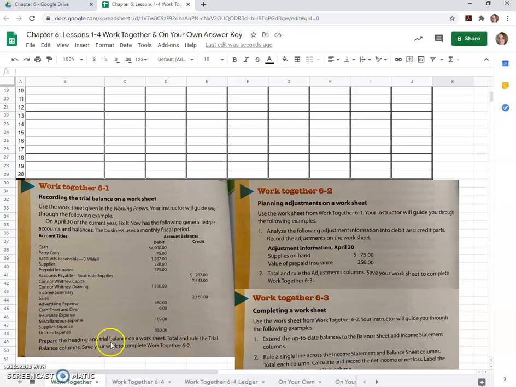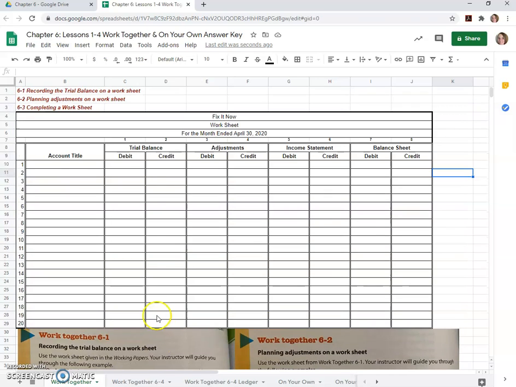Now we need to prepare the trial balance. So the first thing in our trial balance is to go ahead and list our accounts in the order that they appear in our chart of accounts.